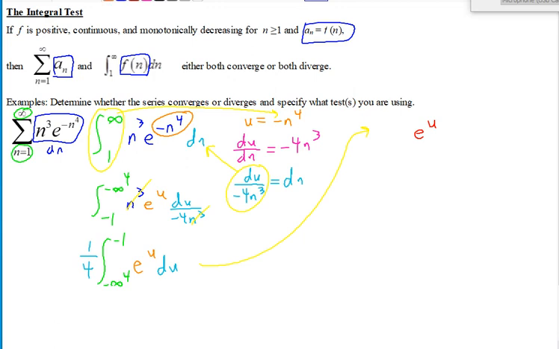You've got a 1/4 on the outside, and that's evaluated from negative infinity to the fourth to negative 1. Then 1/4 times e to the negative 1 minus e to the negative infinity to the fourth.